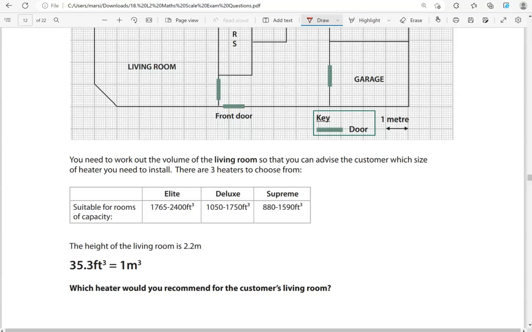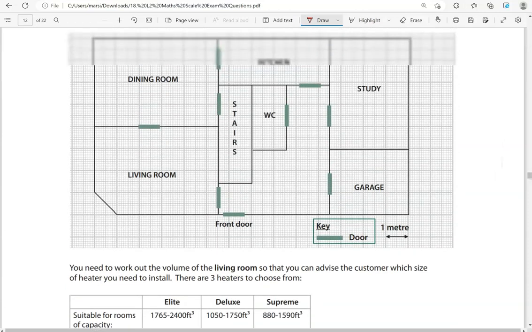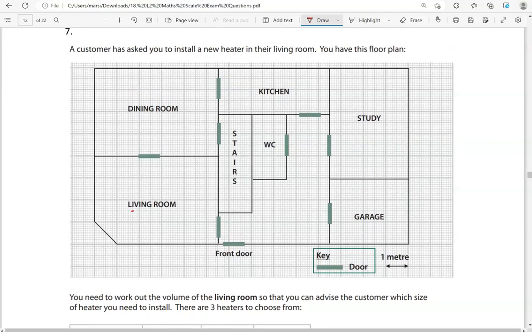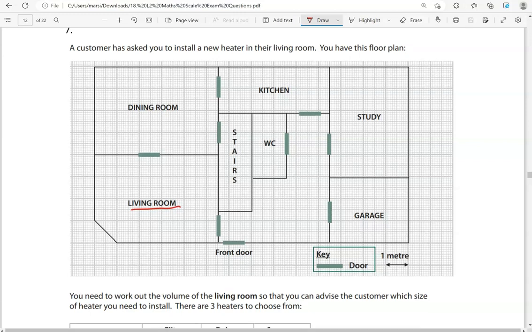So we'll work out the volume of the living room in cubic meters first, and then we'll convert it to cubic feet. So where is the living room? That's this one here. So we've got the key, which tells us that 1 square is equal to 1 meter. So we'll work out the area as if this was a rectangle, and then we'll take away this triangle there.